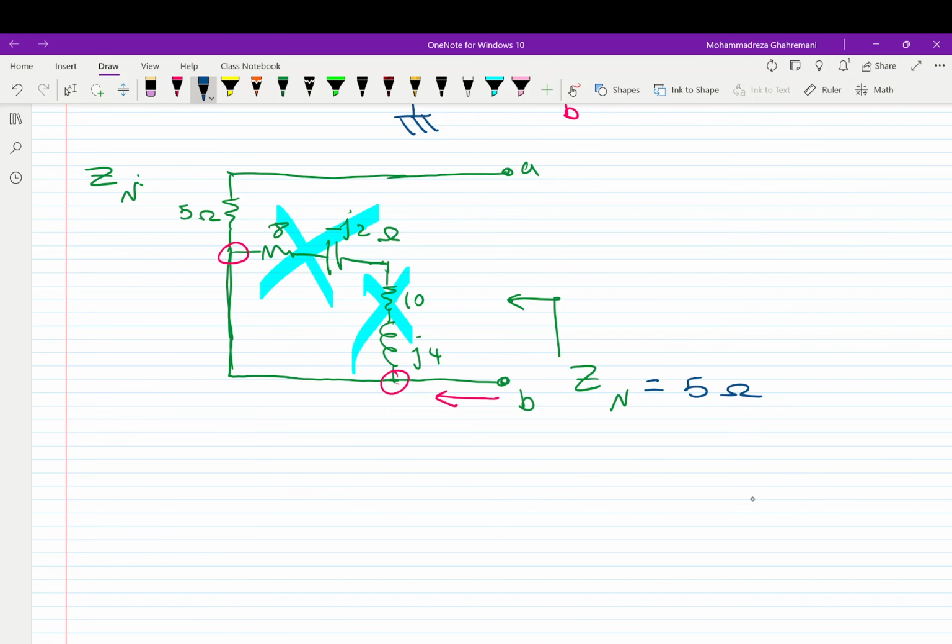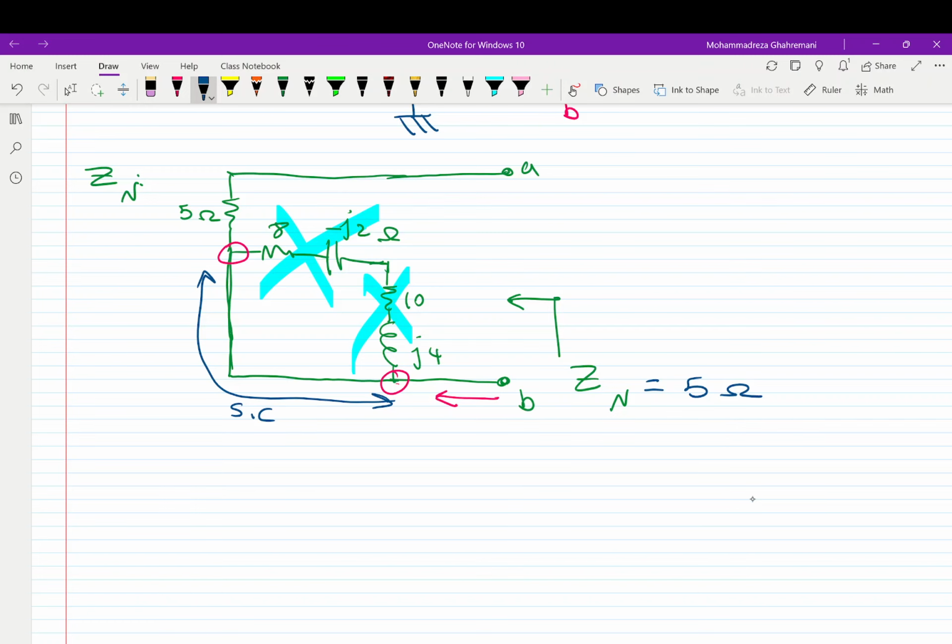That's it. For Z Norton, the only element involved is the 5 ohm resistor, which we show here, and I'm just emphasizing that these two points are short circuited.